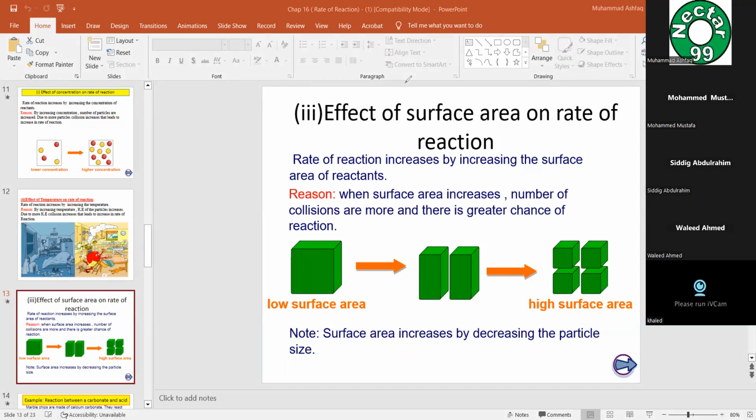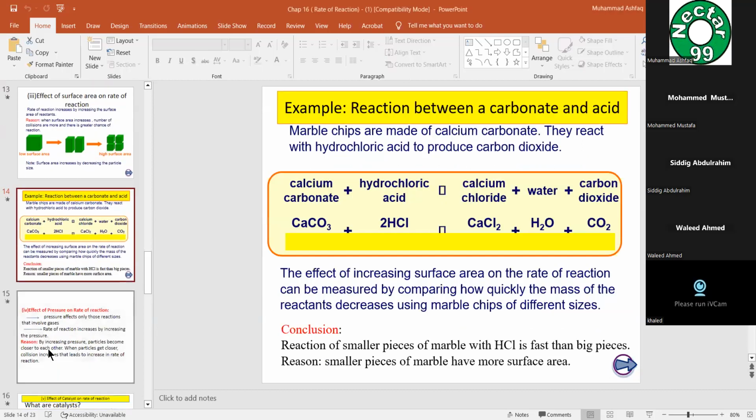Okay, now let's see almost the second last effect, which may not be mentioned in your textbook, but I will explain with the help of this example. Marble chips, made of calcium carbonate, react with hydrochloric acid to produce carbon dioxide. That is in front of you.